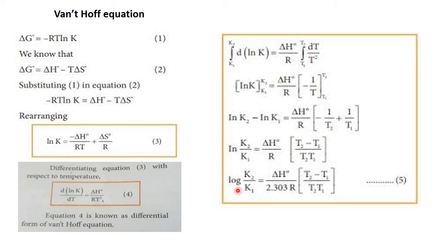So log of K2 by K1 is equal to delta H0 by 2.303 R into T2 minus T1 divided by T1 T2. This is the integrated form of the Van 't Hoff equation. The earlier one is the differential form, and this last, fifth equation is the integrated form.